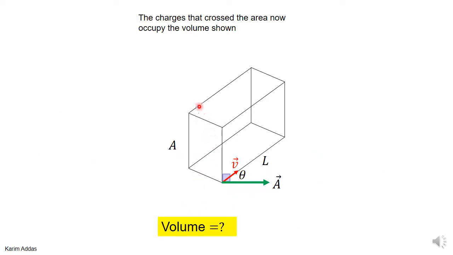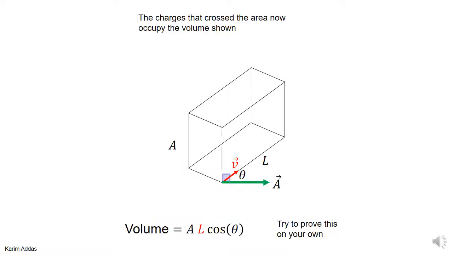So what is the volume of this shape? It's not a right-angled volume like the other one. This is a purely geometrical issue, so we're not going to go through the geometry of it. You can try to prove this on your own, but you can show that the volume of this shape is the area times the length L, like before, but then you multiply by cosine theta, where theta is the angle between what?